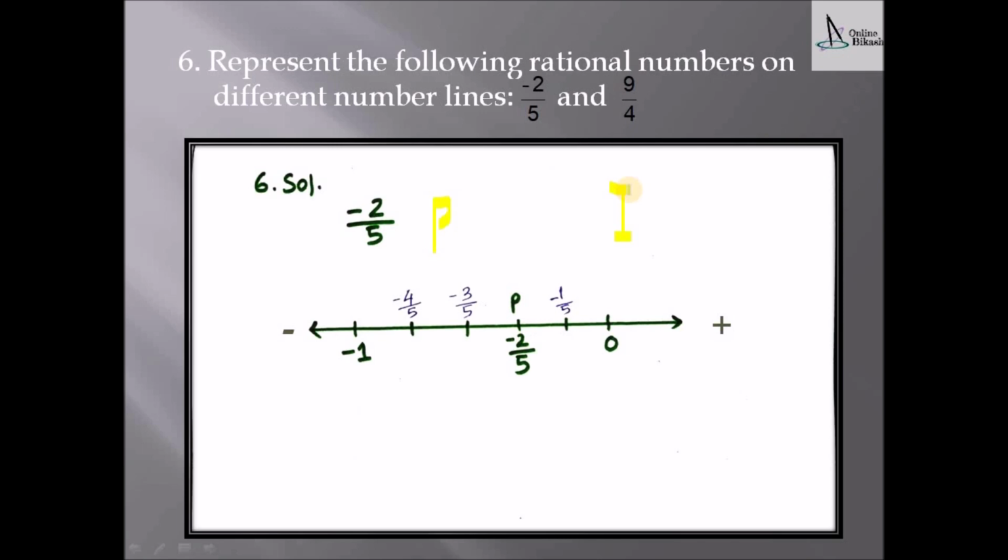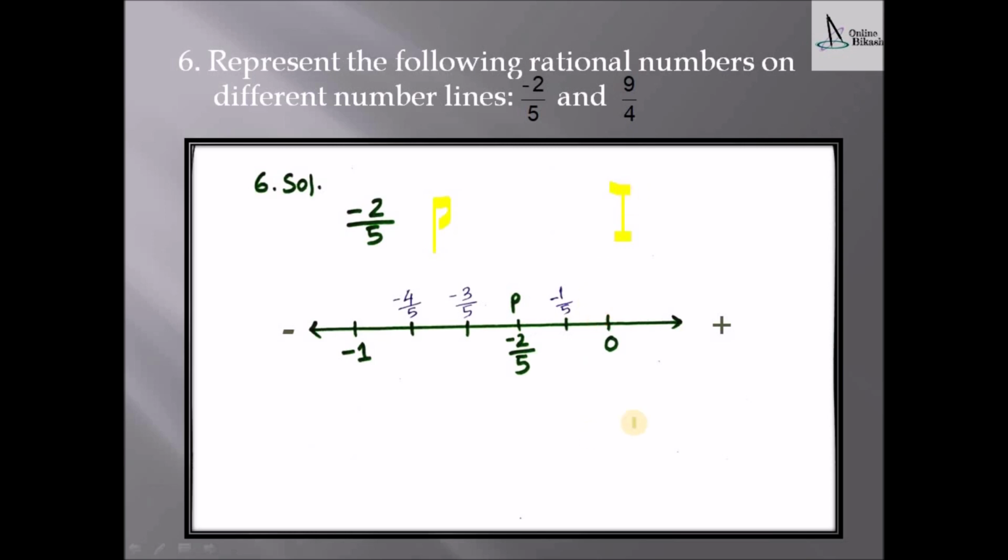In that video I told you that a rational number is a kind of fraction. So if the fraction is proper, then it will always lie between 0 and 1. And if it is negative, then between 0 and minus 1.